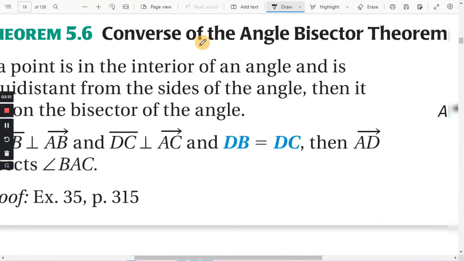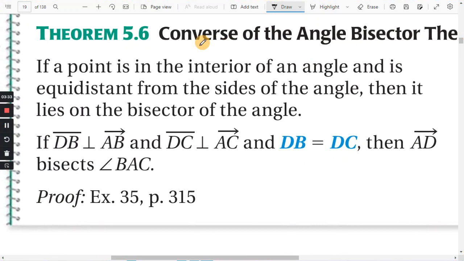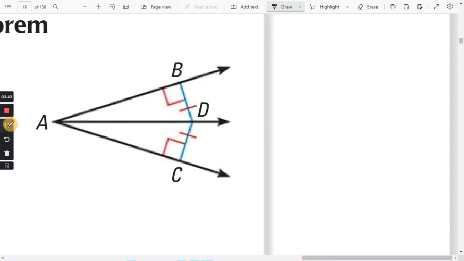The converse of the angle bisector theorem: if a point is in the interior of an angle and is equidistant from the sides of the angle, then it lies on the bisector of the angle. Let's take a look. Here we have this angle right here, and here we have point D, and point D is the same distance to the rays that make up the angle.